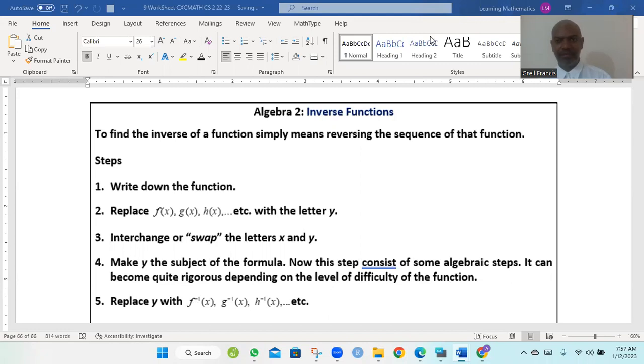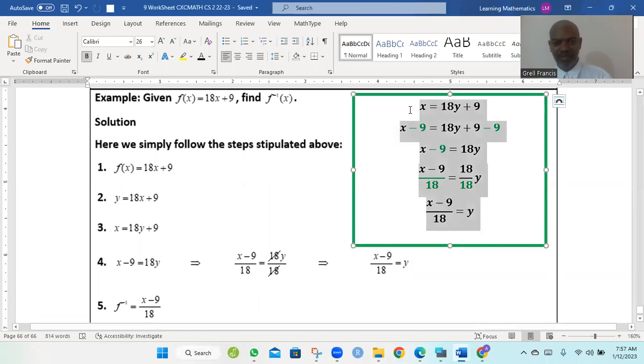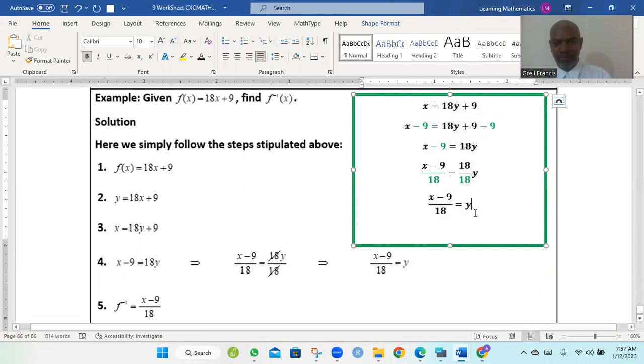So let us do that. Now in the fifth step, we have f inverse of x. You're missing the inverse, or missing the of x. That's a little typo. F inverse of x is equal to x minus 9 divided by 18. We can actually write it here. Let's write the x minus 9 over 18.